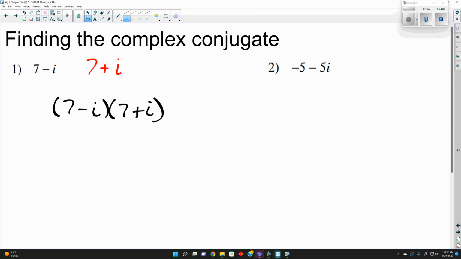Wait, is this a part of the answer? Yeah, and it will be a part of the homework. So we can distribute like we did on the last one. 7 times 7 is 49. 7 times I is going to be plus 7i. Then negative I times 7 is negative 7i. And negative I times I is negative I squared.